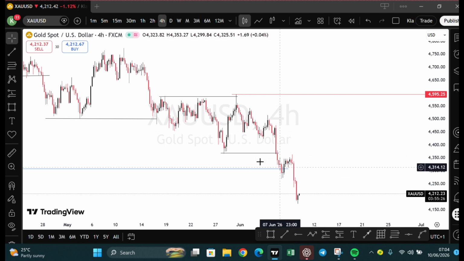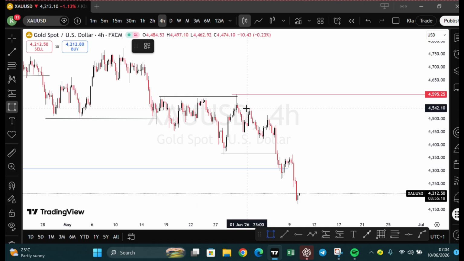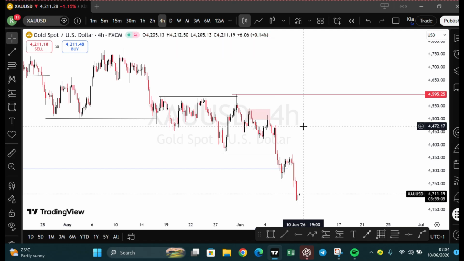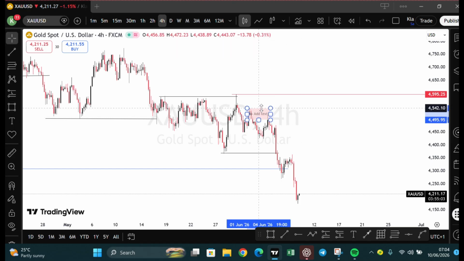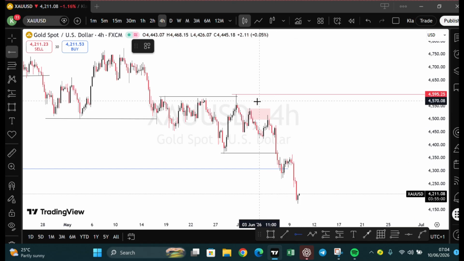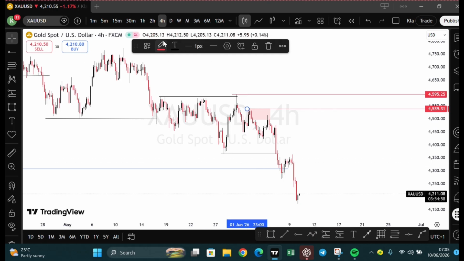Since sellers were induced, it means that taking sells is going to be a trap. So at this point here, where we had this high, low, and price came back to test this high, this point here becomes our targeting liquidity, which is our structural liquidity. So if I put this here, this is now where we are targeting.